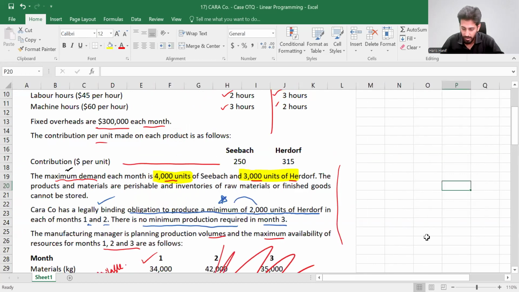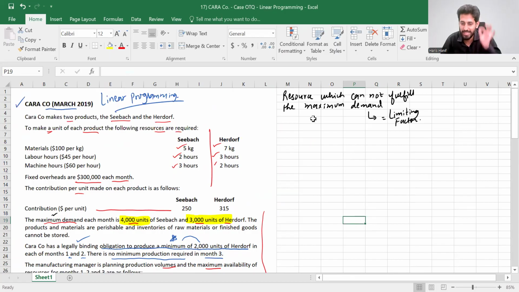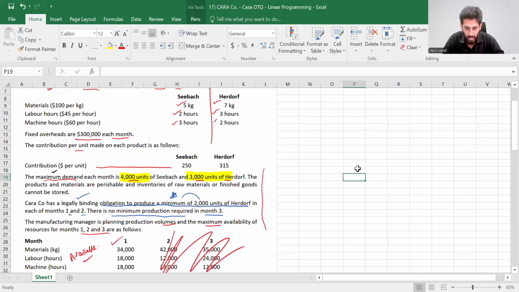I'm writing maximum demand, which needs to be considered: Seabag 4,000 units, Heard of 3,000 units.